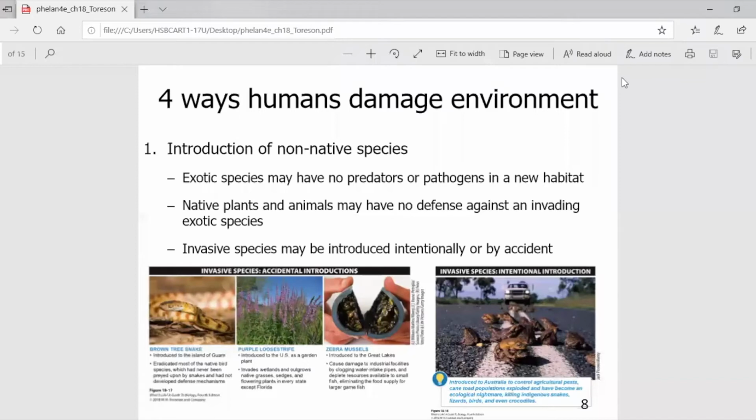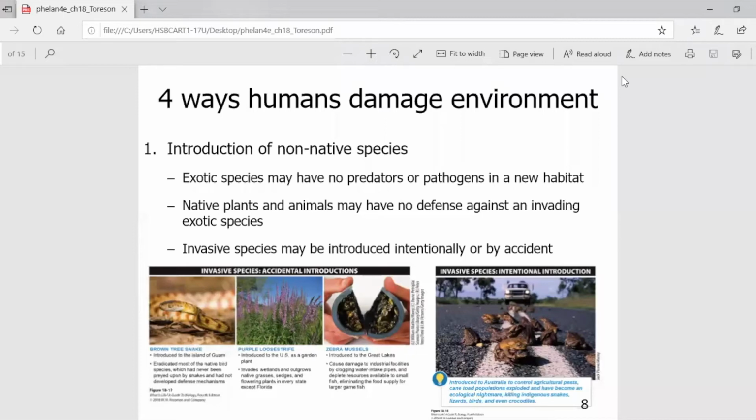There are 4 different ways human activities damage the environment. The first way is humans will introduce non-native species. Sometimes this is by accident, and sometimes this is intentional.